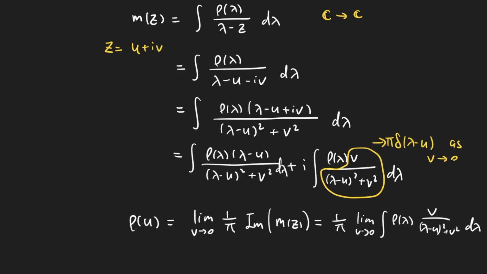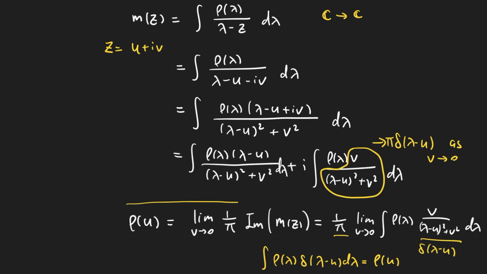We know that this entire thing becomes the delta function of lambda minus u. And for the property of the delta function, the integral of rho of lambda times delta of lambda minus u d lambda equals rho of u. So that's the inverse transformation from which we can obtain the density function. It's by using this equation here.